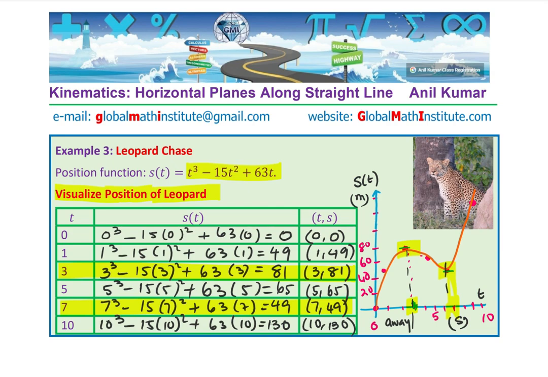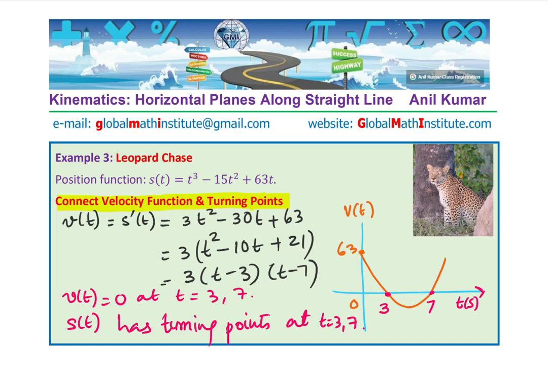And then from here to here, it is returning, or approaching. Do you see that? And then again, it goes away. So these turning points also give you an idea during which duration the leopard is going away from its starting point, the point of reference, or going towards it. Is that okay? So we can combine these two things, displacement and velocity graph, and get that information, right?